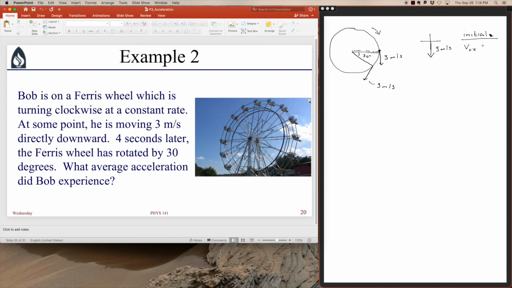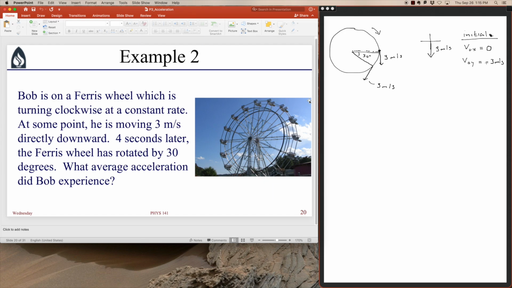It's all in the y direction. So we can say that his initial velocity in the x direction is 0, and his initial velocity in the y direction is negative 3 meters per second, meaning Bob is moving at 3 meters per second in the downward y direction.